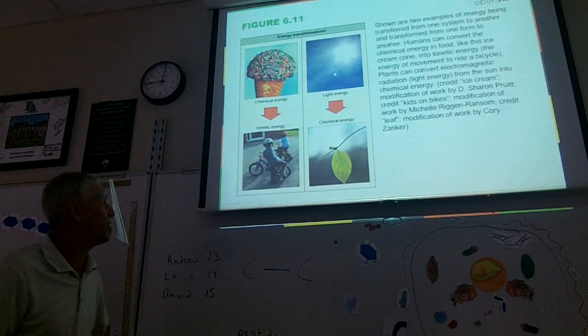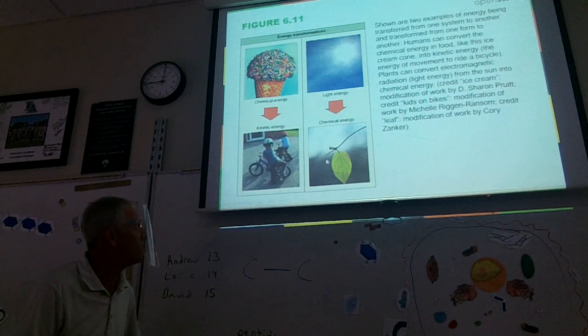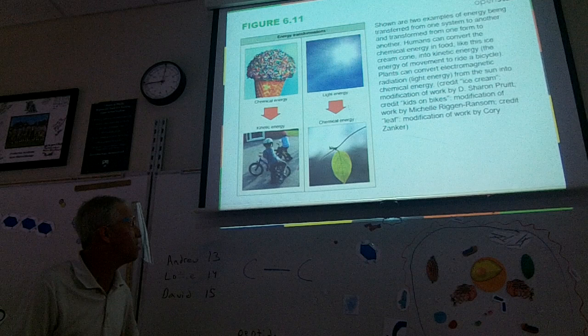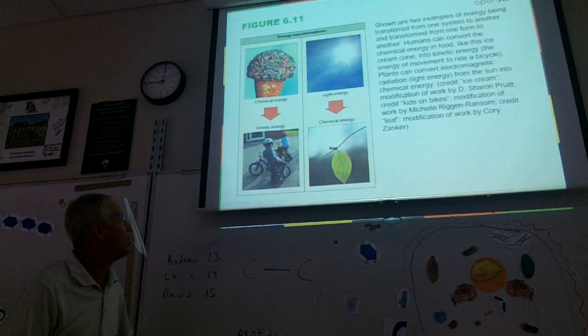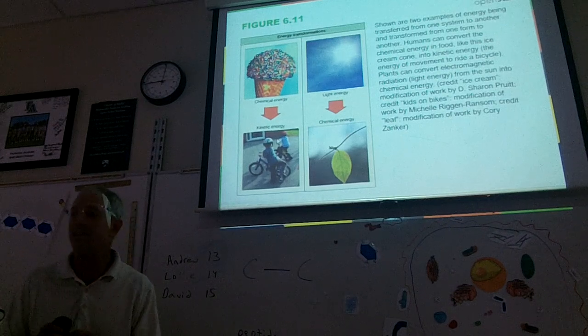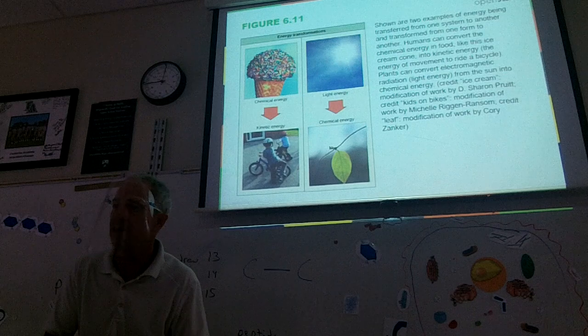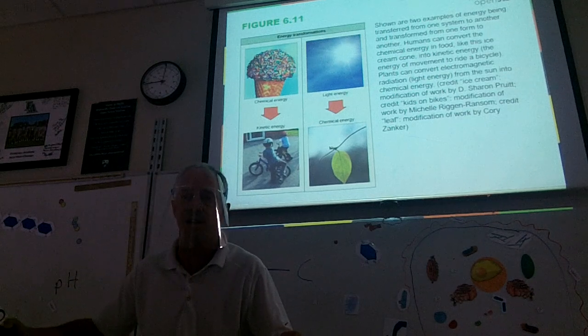But one of the laws of thermodynamics says when you change energy from one form to another, when you go from light energy to chemical energy, or when you go from chemical to kinetic energy, there's no way you can have 100% efficient conversion.